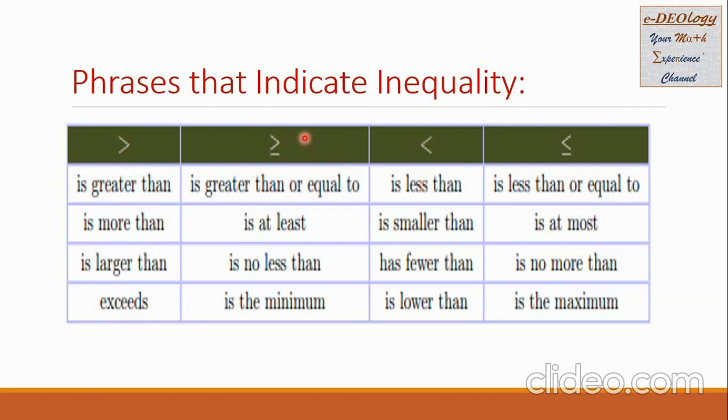For the inequality greater than or equal, you will see these words: is greater than or equal to, is at least, is no less than, is the minimum. For less than, the phrases are is less than, is smaller than, has fewer than, is lower than.